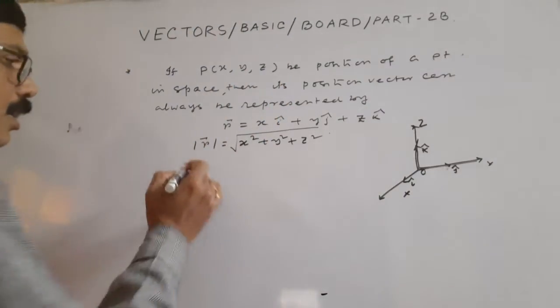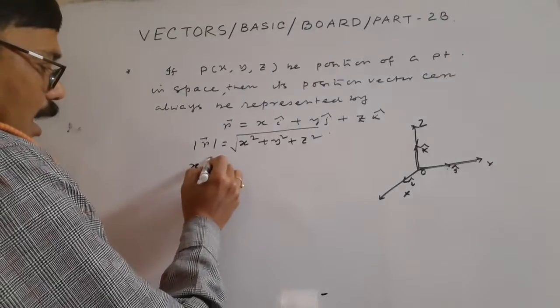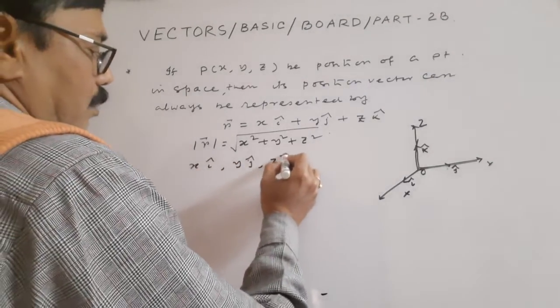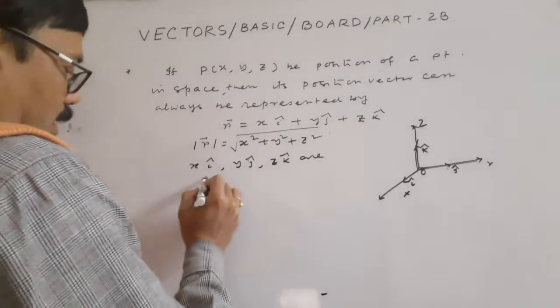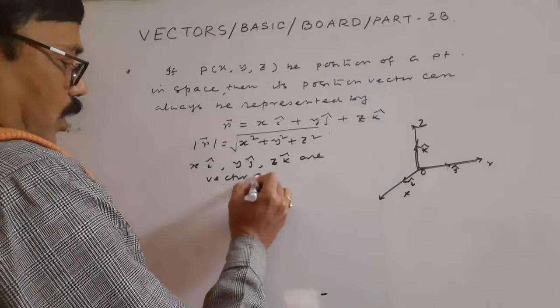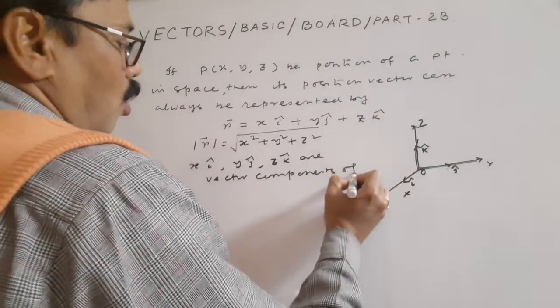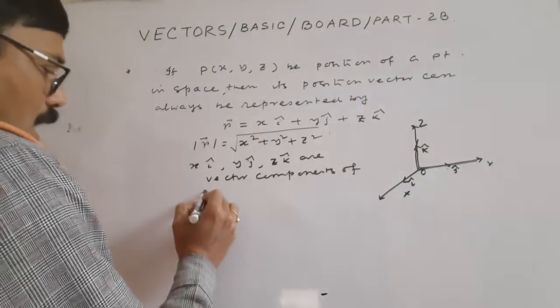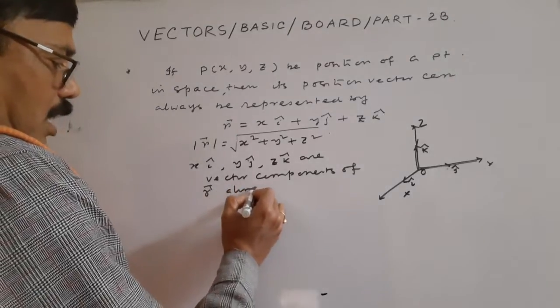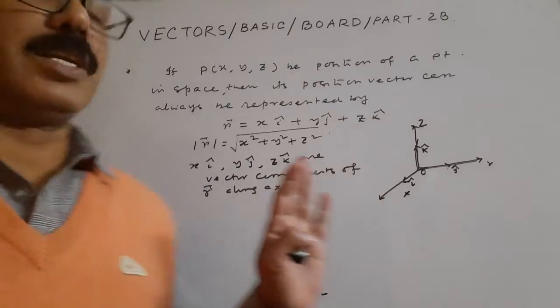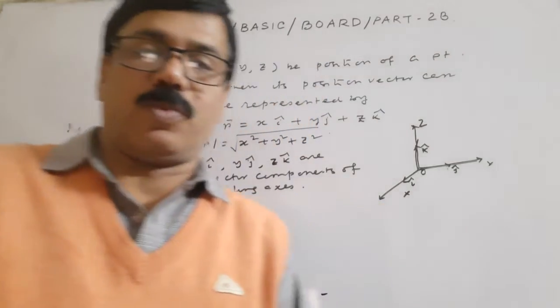And here xi cap, yj cap, zk cap are the vector components of r along the axes, and x, y, z are the scalar components.